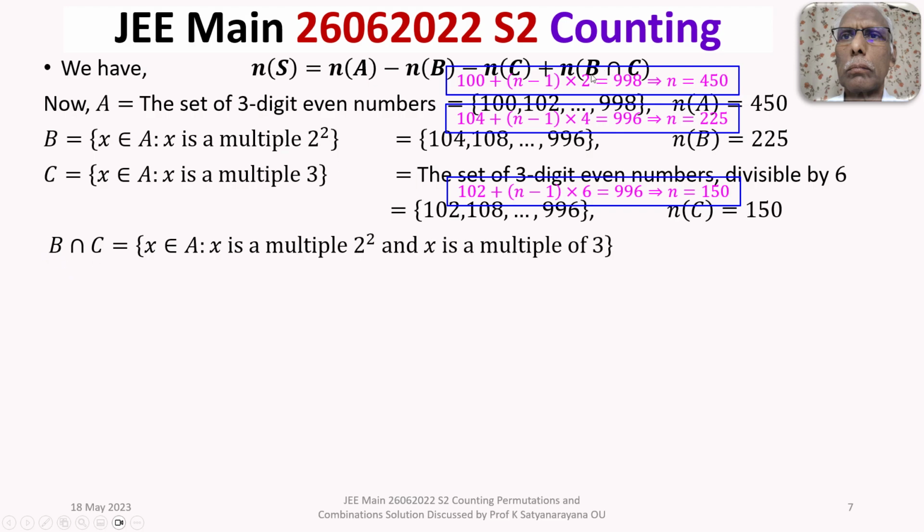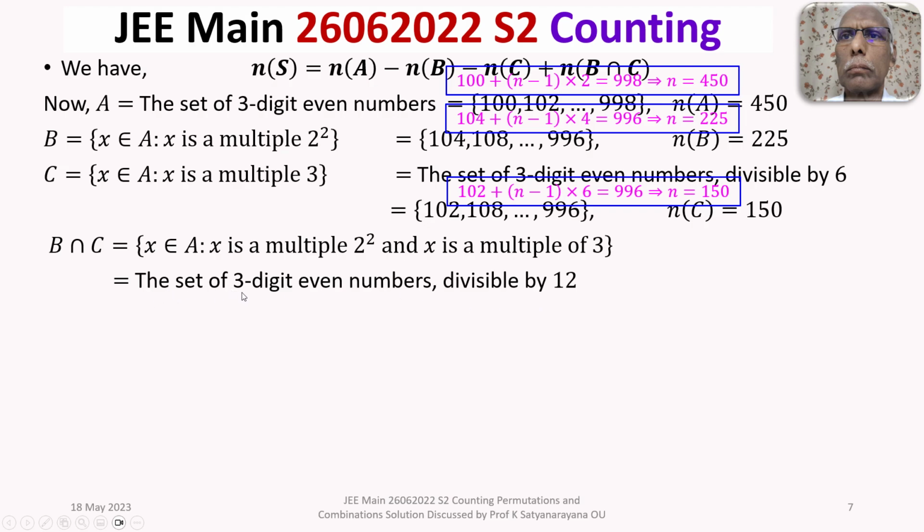Now what is B intersection C? Because we want B intersection C here. It is the set of all x belonging to A, where x is a multiple of 2 square and x is a multiple of 3. So it is a multiple of 2 square and a multiple of 3. That means the set of all 3-digit even numbers which are divisible by 12. So that means 2 square and 3, the LCM is 12.